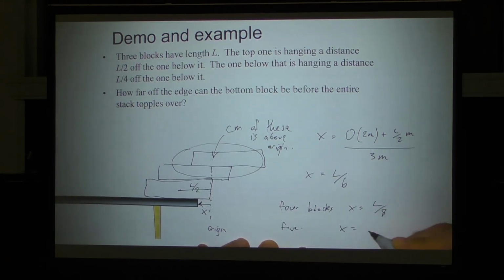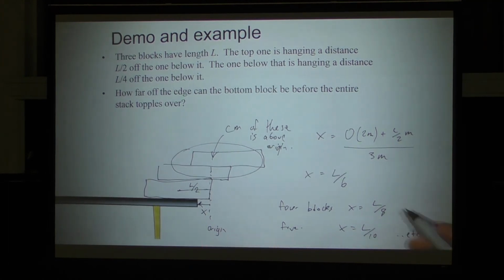You get X equals L over 10, etc. And what's really weird is that if you add a half plus a quarter plus a sixth plus an eighth, that's a harmonic series. It diverges. So you can add up to any number. And so you can have them hanging off as far as you want, and it doesn't topple over.